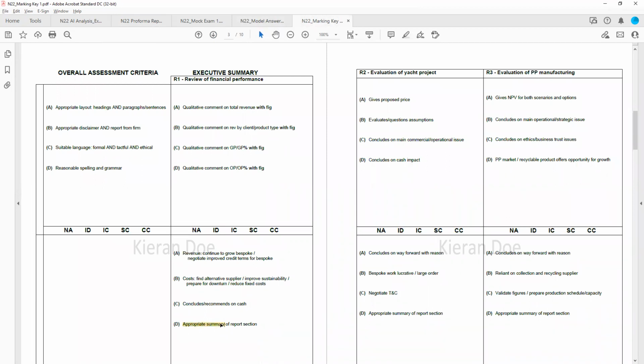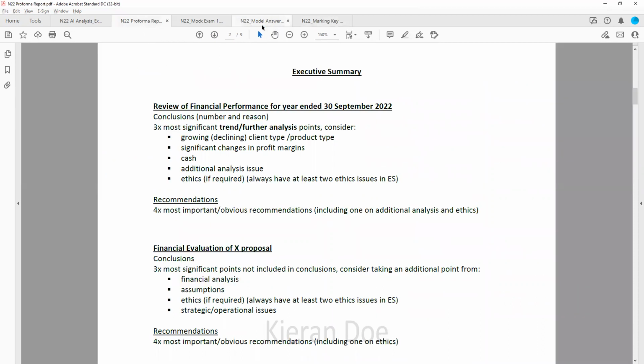You can't make it too long, otherwise it wouldn't be a summary. So therefore, you can bring in some additional points, and you get these points just from having the main numbers in there, which have come from your conclusions. But there'll be some additional points as well that you need to bring into the exec summary to get those marks.